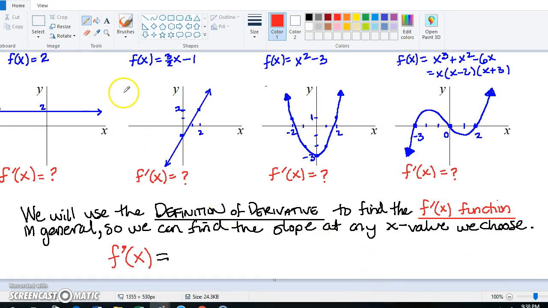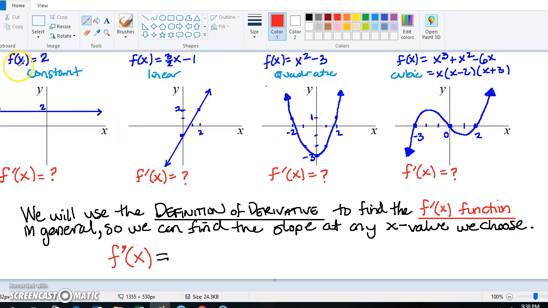So, in our last class, we looked at slope functions for given graphs, of polynomials in particular. So, if the function is a constant, or a linear, or a quadratic, or a cubic, what did we find out about the derivative?